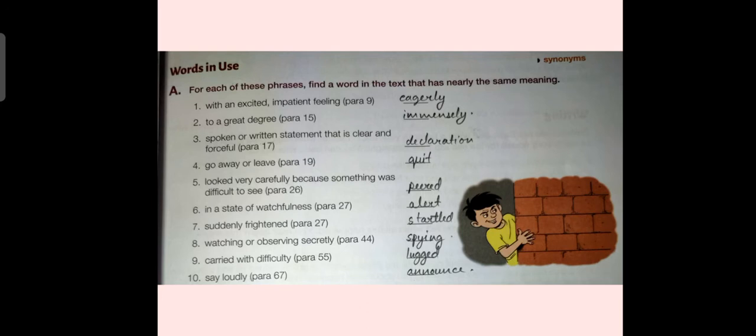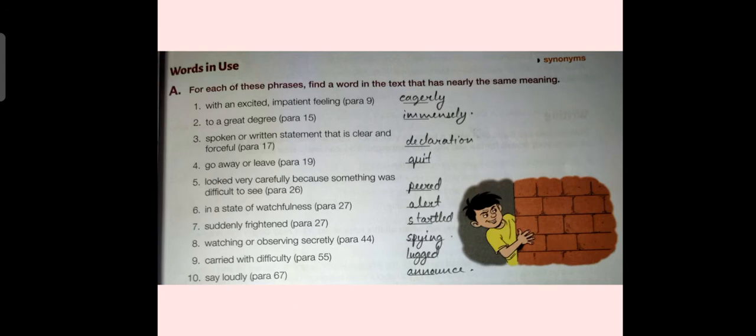Number 2. To a great degree. Immensely is the word which can be used in the place of this phrase. Number 3. Spoken or written statement that is clear and forceful. Declaration. The answer is declaration.